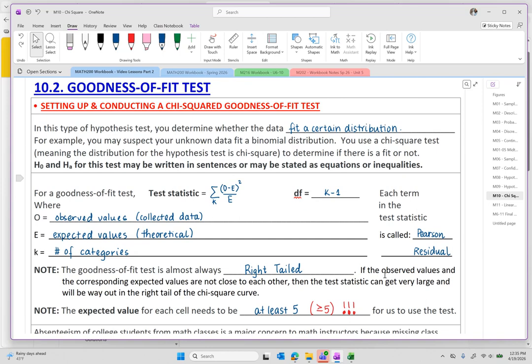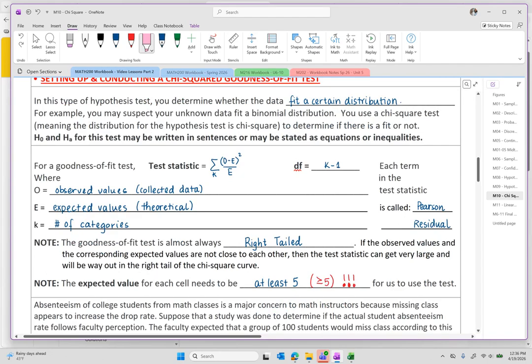For the goodness of fit test, if you remember, your test statistic will be a chi-squared score, and that is the sum of z-scores. And assuming that you have k categories, then you will add over all k categories these z-scores, and the z-scores equal the observed data value, the one you collected from your sample, minus the expected data value squared divided by the expected data value.